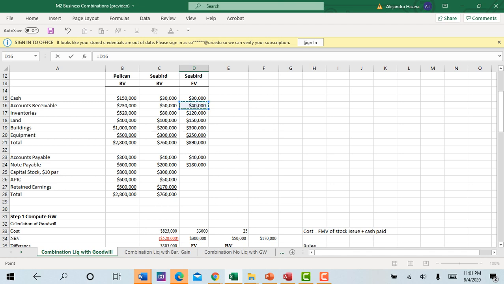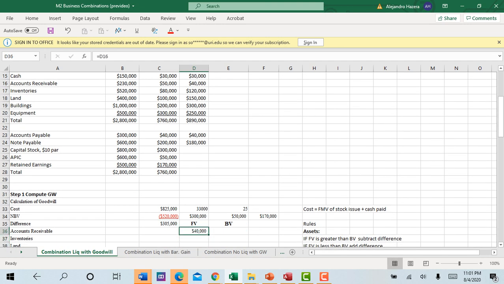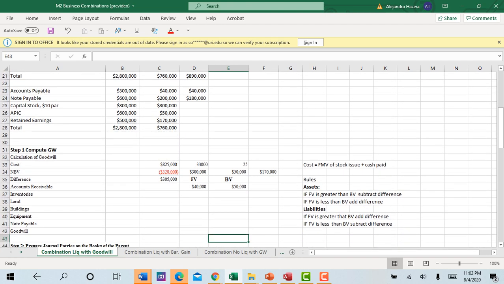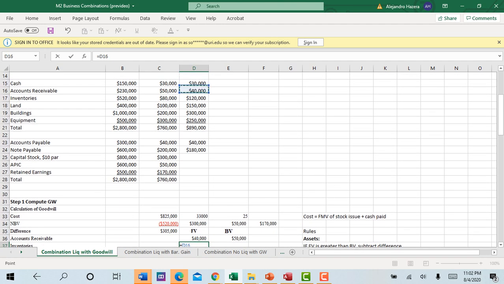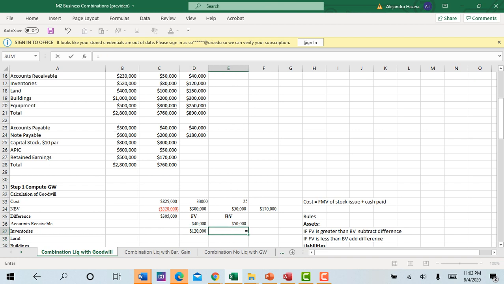So we're going to start with accounts receivable. Accounts receivable, a fair value of 40 and a book value of 50. So it seems to me that you're underpaying for accounts receivable. That would mean a reason why you're underpaying. Inventories has a fair value of 120 and a book value of 80.